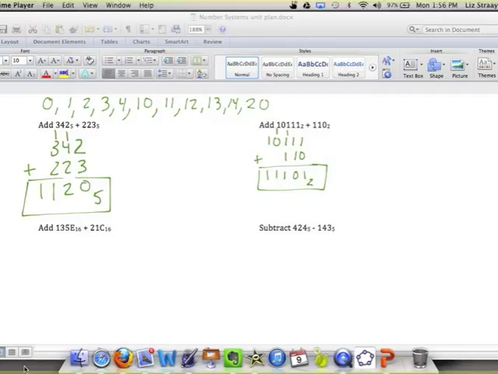So if we count in binary, we have 0, 1, and then next would come 2, but 2 doesn't exist, so we go 1, 0. And then we go 1, 1, and then we go 1, 0, 0. We bring in the next place. We can't add a 1 to the end of that, so we have to carry up.